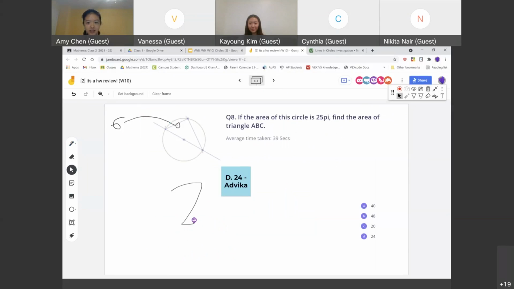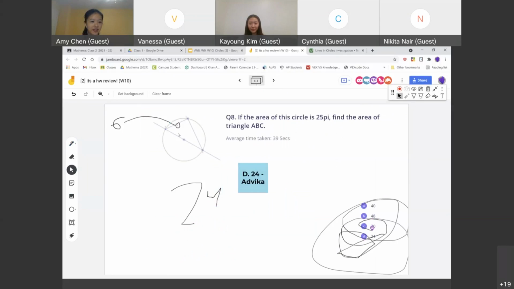And question 8: if the area of this circle is 25 pi, find the area of triangle ABC. I don't know if the reason that it was missed was because the picture was blurry, but I hope the picture wasn't actually blurry in the real thing. So the area of the circle is 25 pi, which means that the radius is 5, which means that the diameter of the circle is 10. And this little number here is 6.